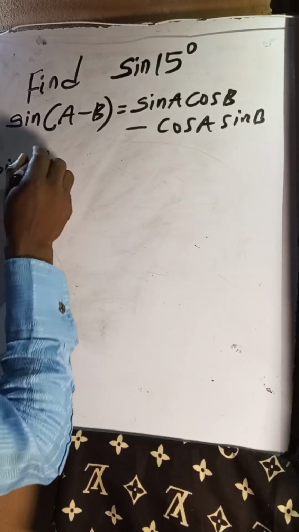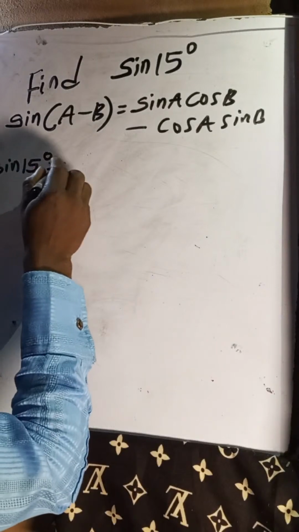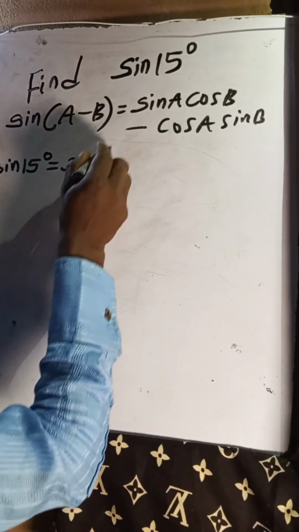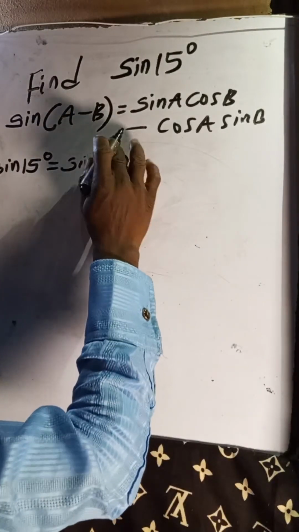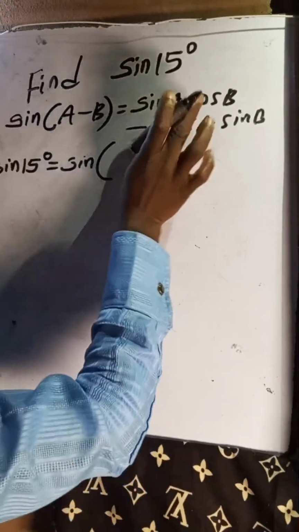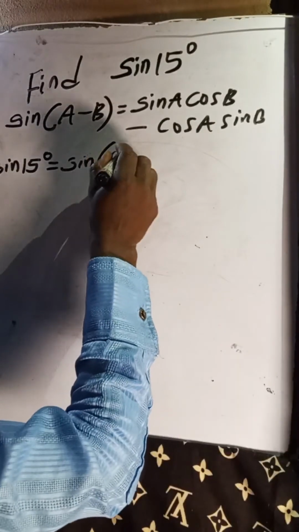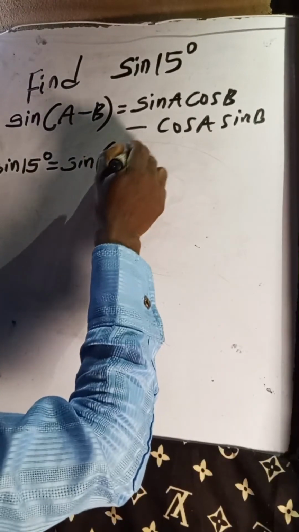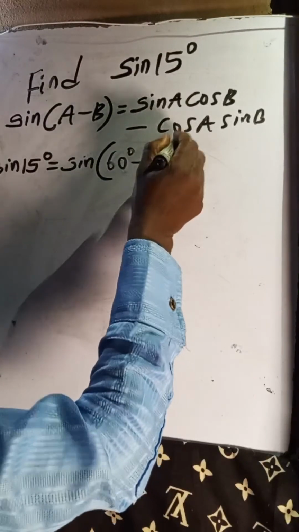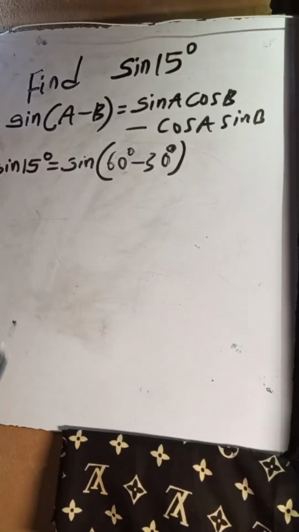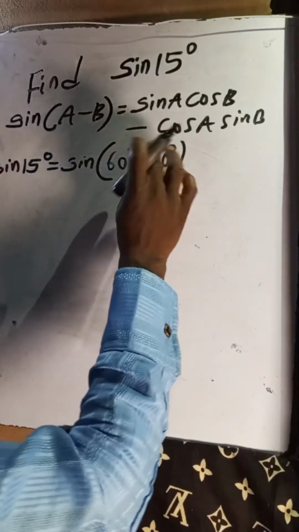let me gently write it. Sine 15 is the same thing as the sine of open bracket 60 degrees minus 30 degrees. Look at it, 60 minus 30 will not work.